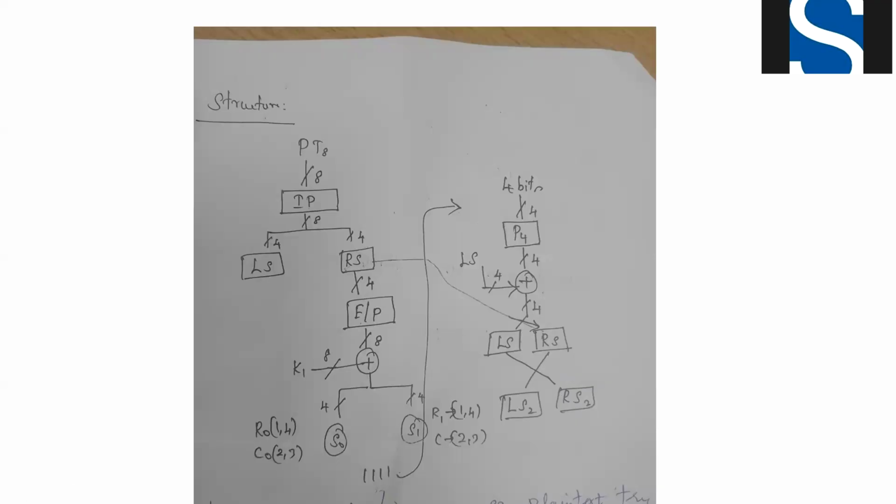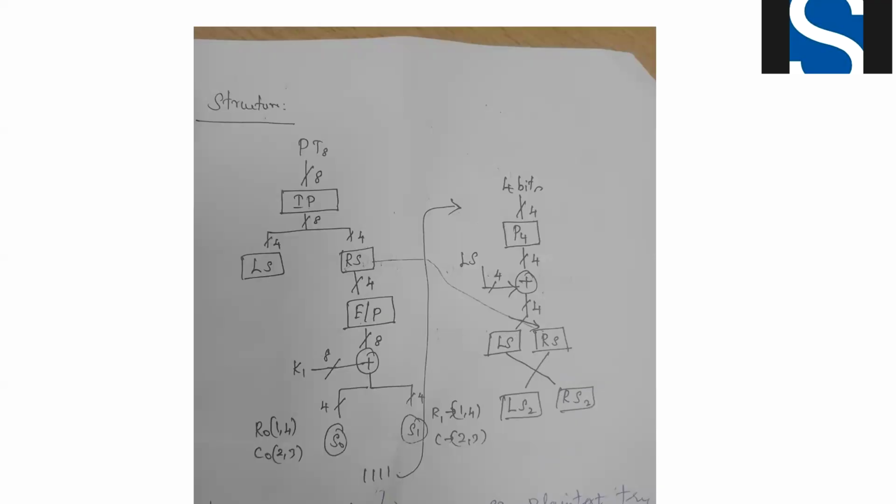With this as the input, for the second round, again we have to proceed with the same steps. So again it has to pass through the EP table. Again we will be doing the XOR addition with the key called K2. Again we'll be splitting into bits. Then we'll be looking at the S0, S1 tables.